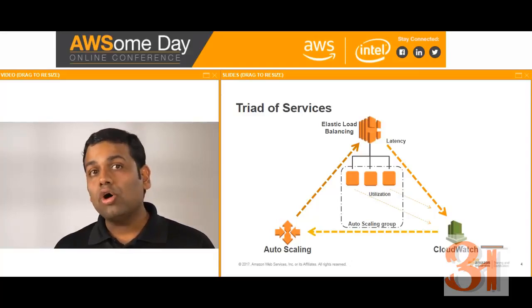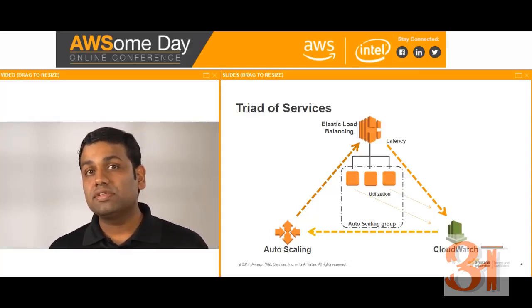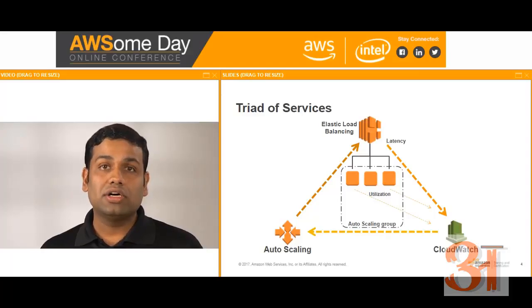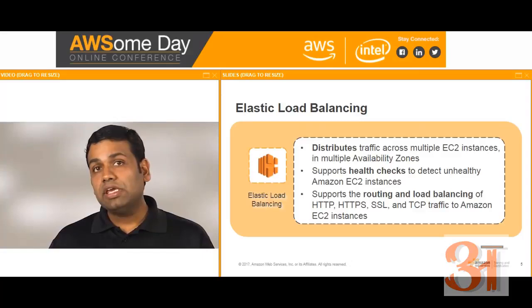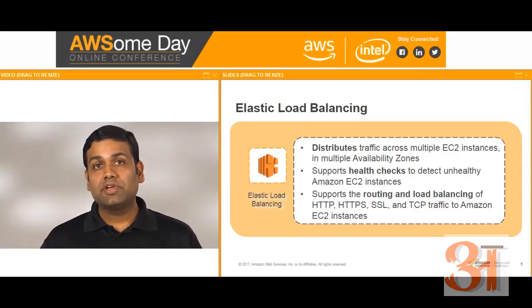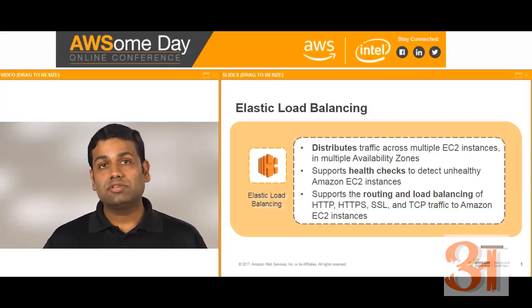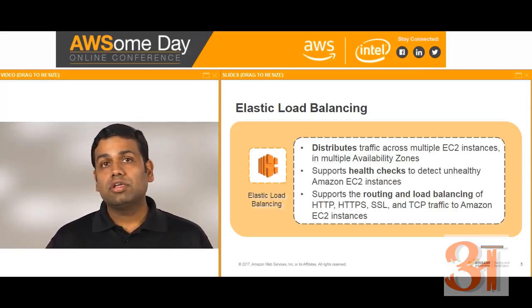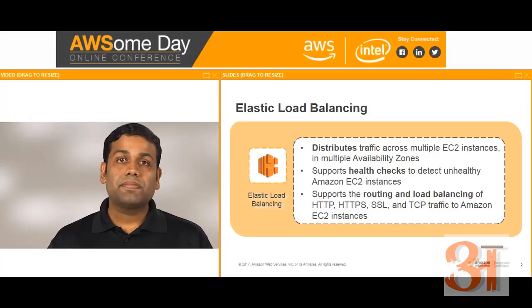This way, all the 3 AWS services complement one another to efficiently scale an application. ELB helps distribute traffic across multiple instances or containers. Let us learn more about ELB.